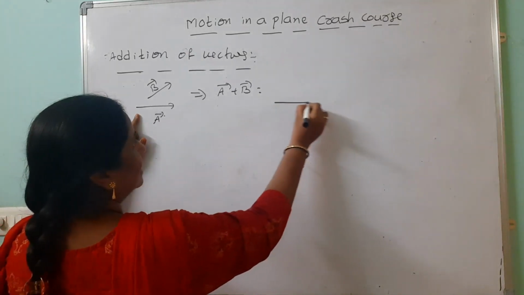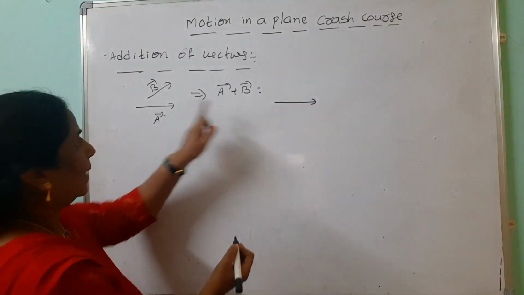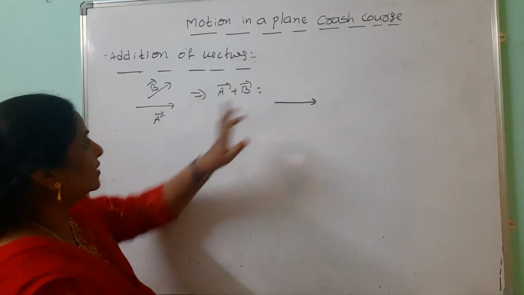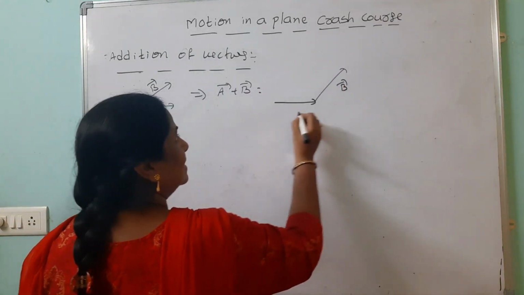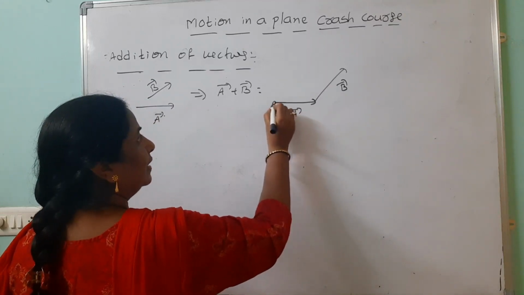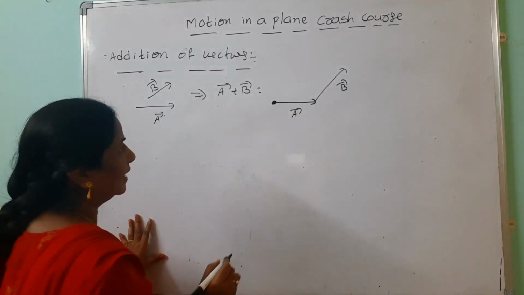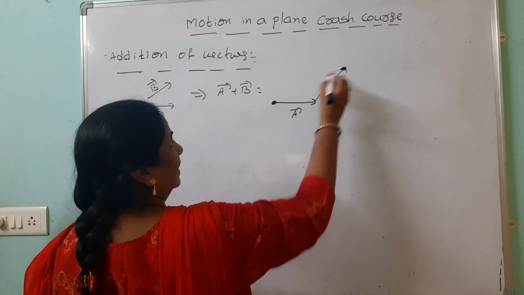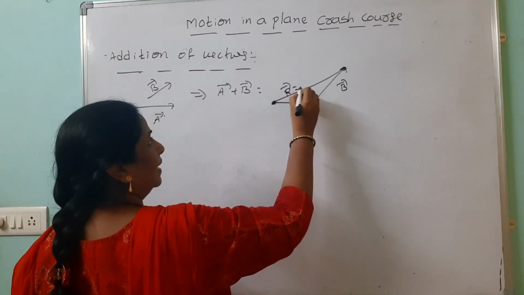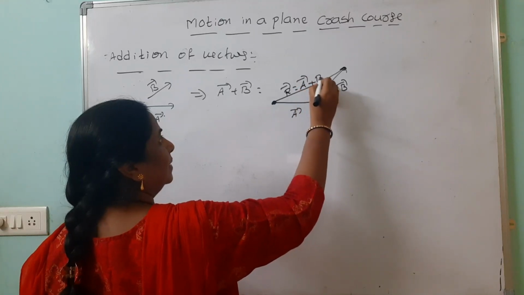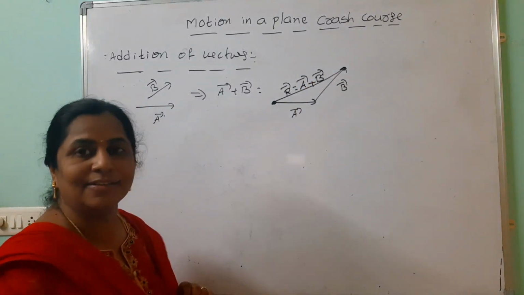These two are parallel. Then the parallel of this one is like this. This is the B bar and this is the A bar. Now you should join the initial point of the first vector to the tail of the second vector. This is the resultant of these two. We can show this as R bar equals A bar plus B bar. Like that we can add the vectors.